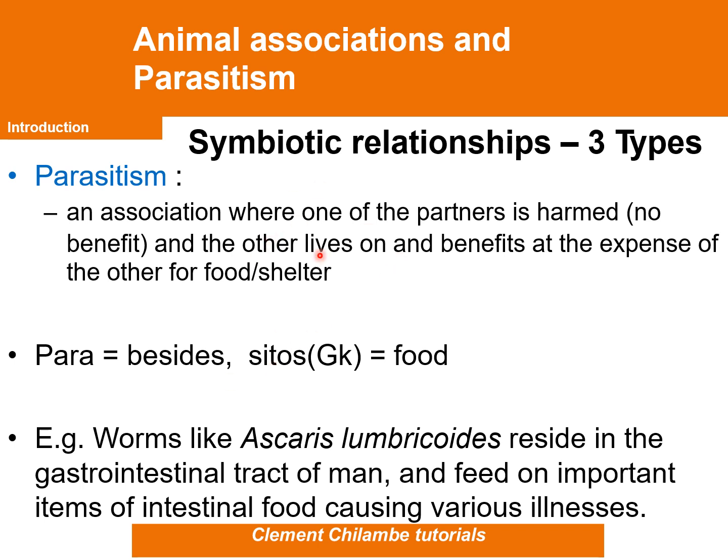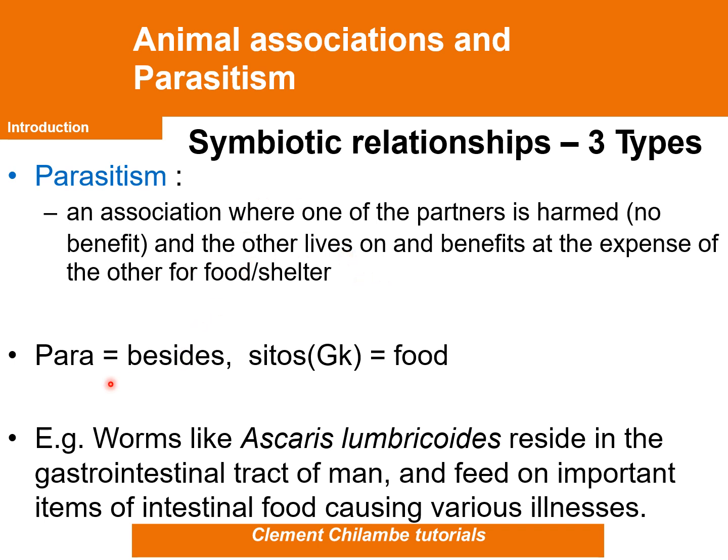This is very easy because it's just the definition of parasite. The word para means beside, and the word sitos means food. So parasitism is where one of the partners is harmed. Okay, unlike commensalism and the first one that we discussed, for parasitism there is no benefit. Yeah, so there is no benefit.